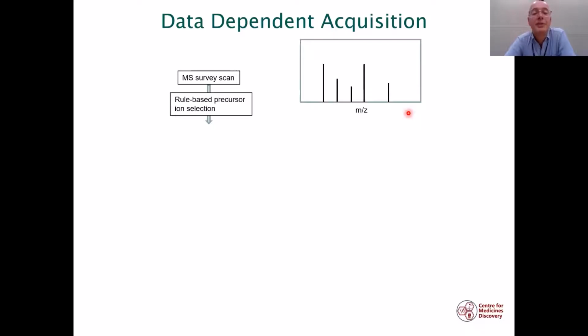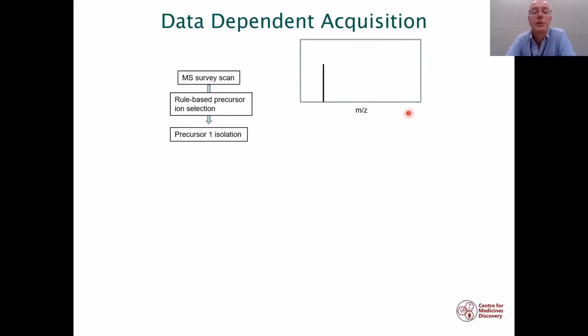We then have to have some type of selection, some type of rule-based precursor ion selection. You can specify what you want that rule to be. It may be based on charge state, or it may be based on intensity. In this case, we've chosen intensity, and we've chosen the 3 most intense ions, and these are the ones that we would like to fragment.